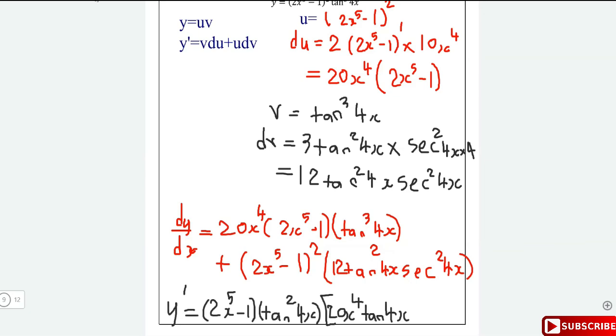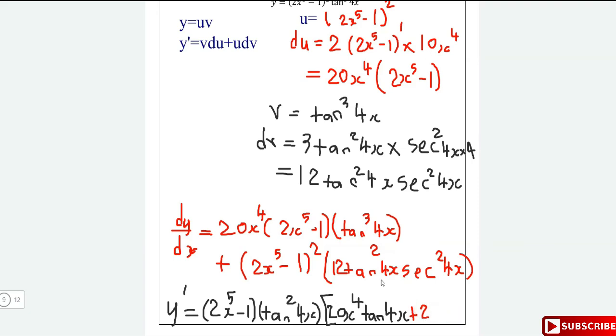Let me see if I can manage to fit it in right here.